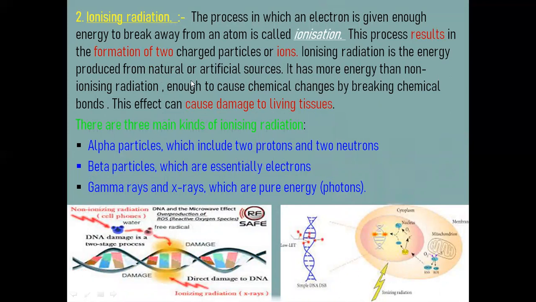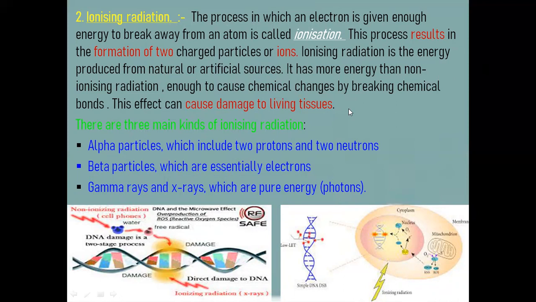The second one is ionizing radiation. In this there is a formation of two charged particles or ions. Ionizing radiation is the energy produced from natural or artificial sources. It has more energy than non-ionizing radiation, enough to cause chemical changes by breaking chemical bonds.